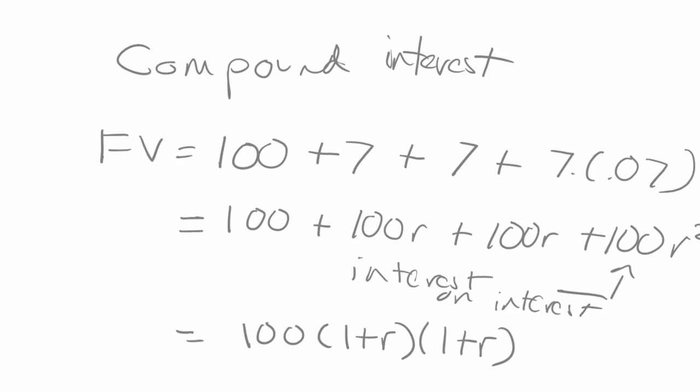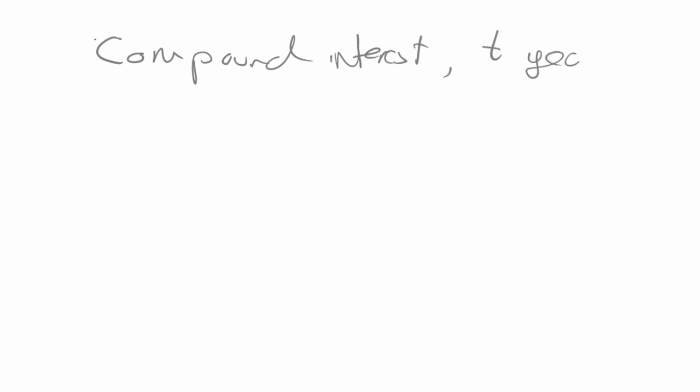That's 100 times 1 plus R times 1 plus R again, or 100 times 1 plus R squared. Okay, so if we have compound interest for T years, then the future value is $100 times 1 plus R to the power T.